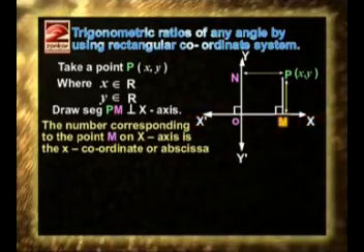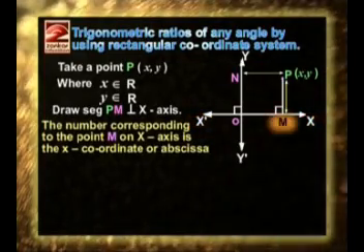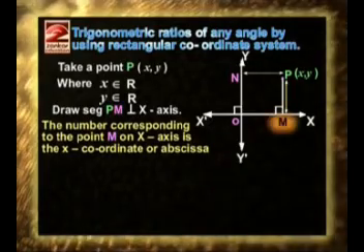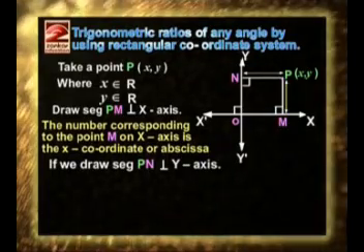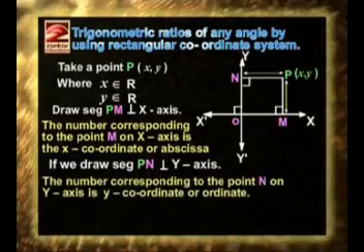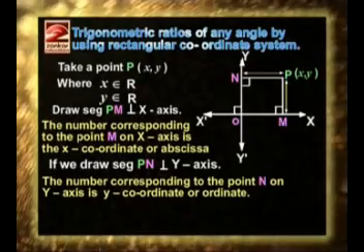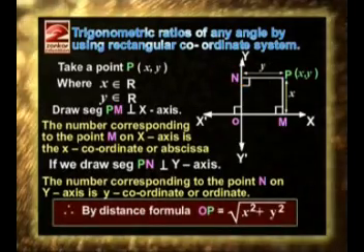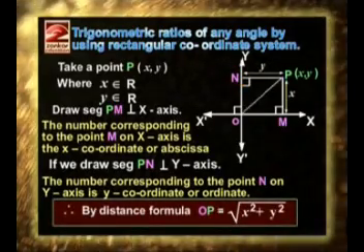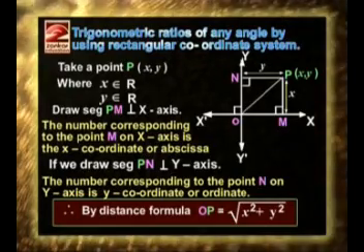The number corresponding to the point M on x-axis is the x-coordinate or abscissa. And if we draw a perpendicular PN to y-axis, then the number corresponding to the point N on y-axis is y-coordinate or ordinate. Therefore, by distance formula, OP is equal to under root x square plus y square.